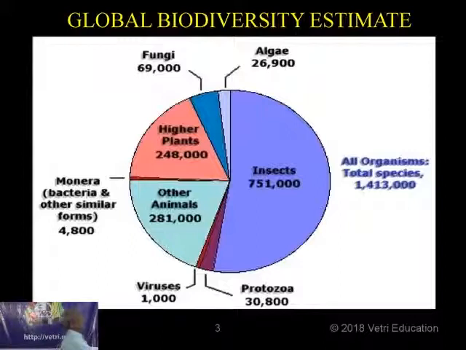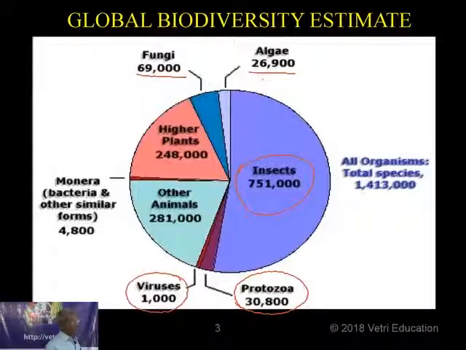There are nearly 2,48,000 higher plants, and 69,000 fungi. Algae are only roughly 27,000. See the insects number: 7,51,000 insects are there in this world. Protozoa approximately 31,000. Viruses 1,000.